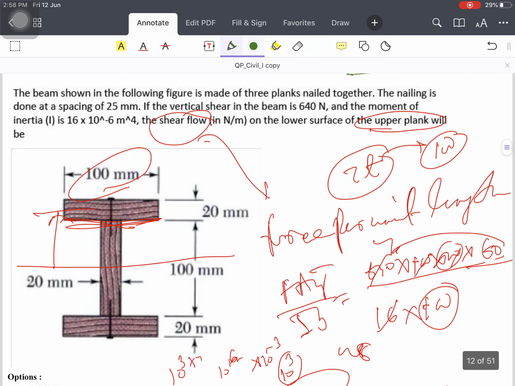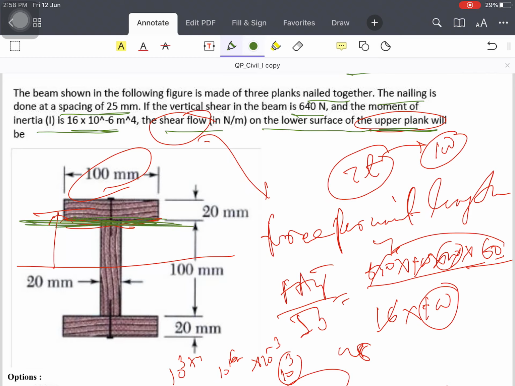Question 30. The beam shown in the following figure is made of 3 planks nailed together. The nailing is done at a spacing of 25 mm. If the vertical shear in the beam is 640 Newton and the moment of inertia I is given, the shear flow on the lower surface of the upper plank will be... So this is what the question is asking.